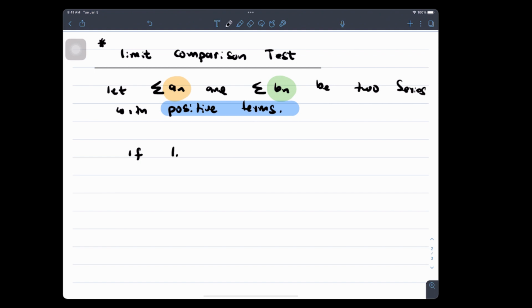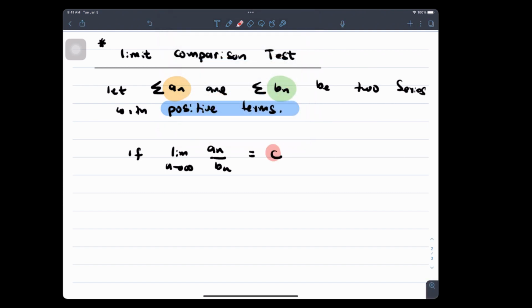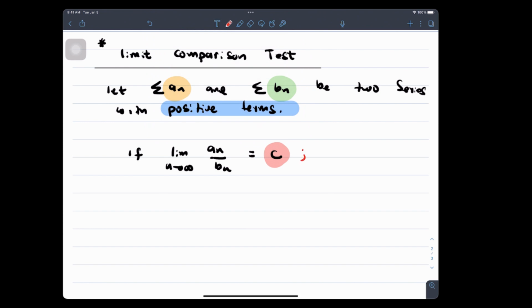Now, if the limit here of the ratio of the terms AN and BN, if that limit equals C, now you say, what do you mean, what is C? Has to be finite, so I'm going to say this. C is finite and positive.